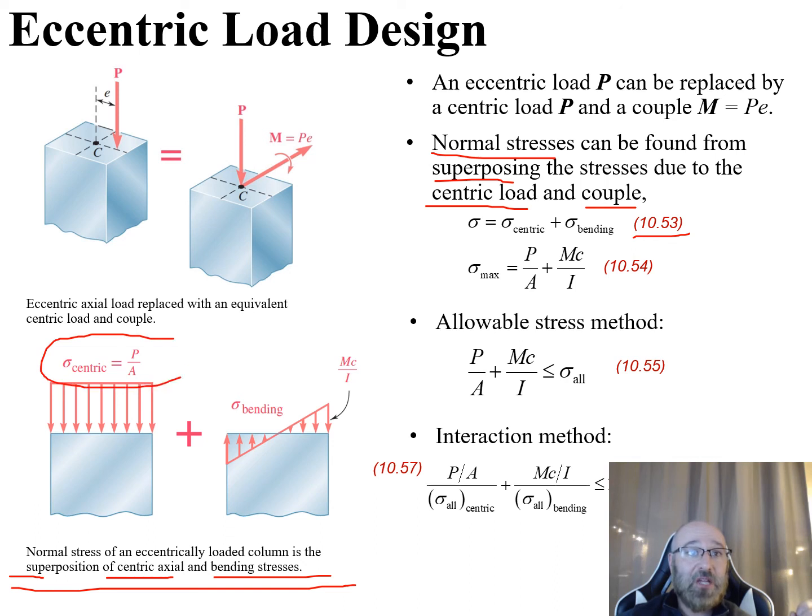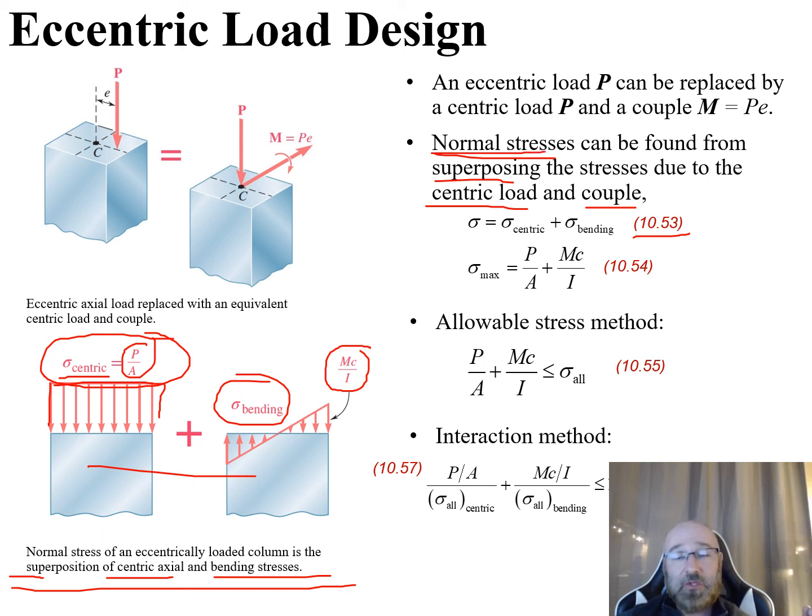So this is our centric axial stresses right here, which is our sigma centric, which is equal to our load over area right there. So we can show that on our left-hand side, plus now we have this from our bending right here, which is our MC over I. So adding these two together is going to give us our normal stresses. So from that here, that's how we come up with our relationship that we see in equation 10.53.